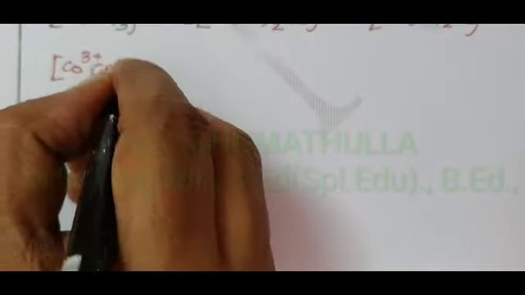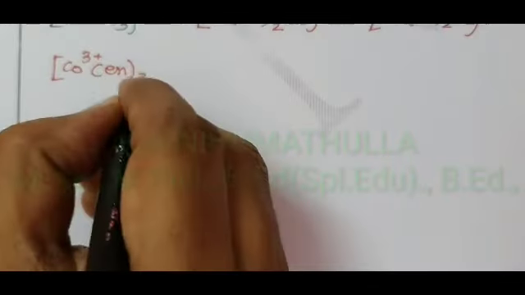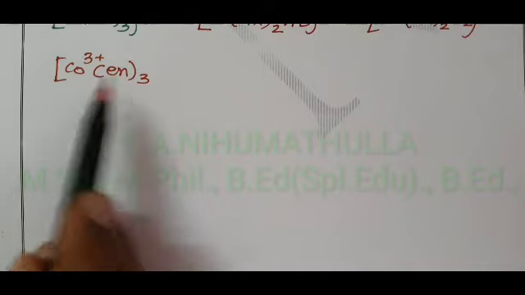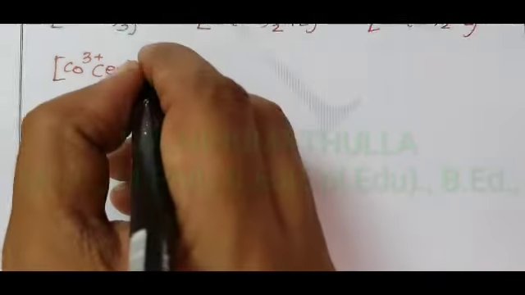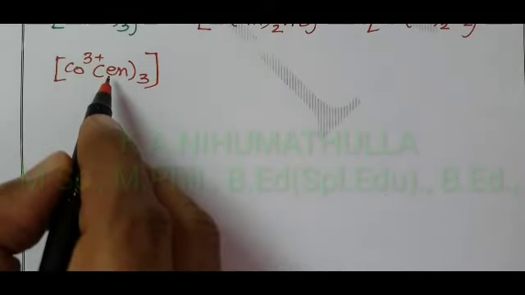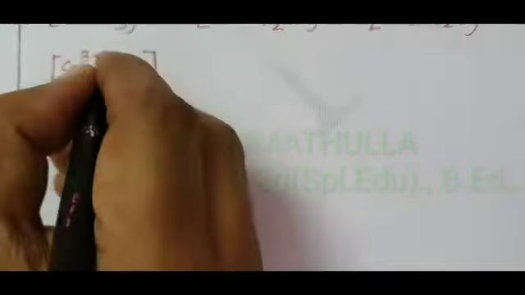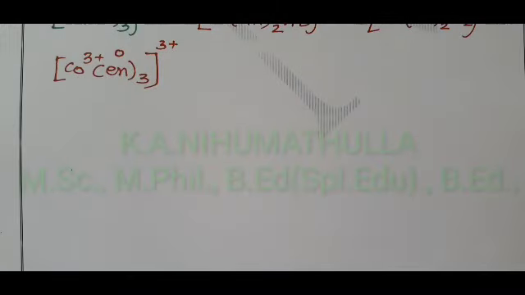Ethylene diamine or ethane 1,2 diamine thrice. 1 bidentate ligand forms 2 bonds, 3 bidentate ligands form 6 bonds. Coordination number 6, over. What is the charge on the complex? Ethane 1,2 diamine is a bidentate ligand, neutral ligand, charge equal to 0, 3 into 0 equal to 0. Charge on the complex is 3 plus.